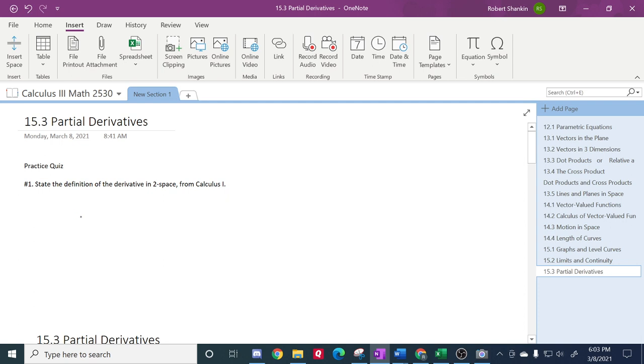Okay, so in Calculus 1, f prime of x is defined to be the limit as h approaches 0 of f of x plus h minus f of x all over h.